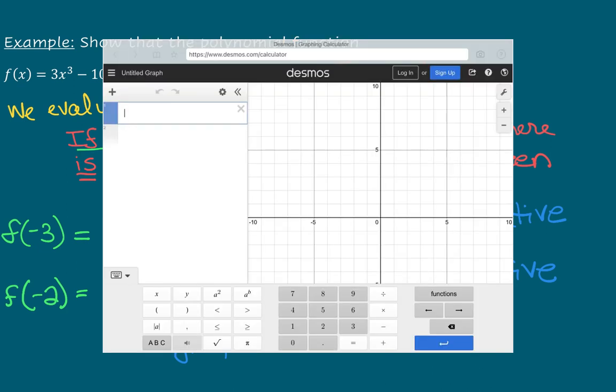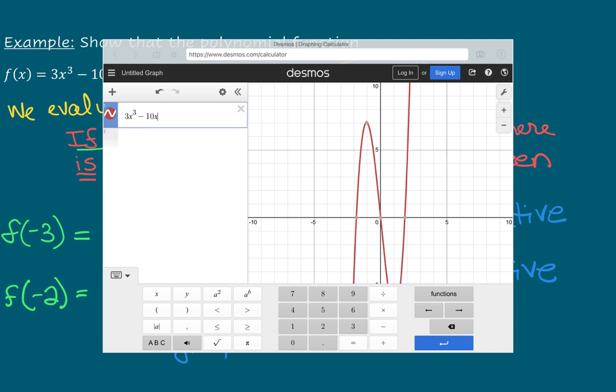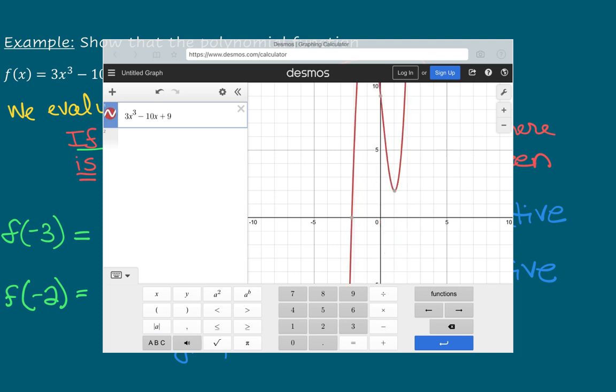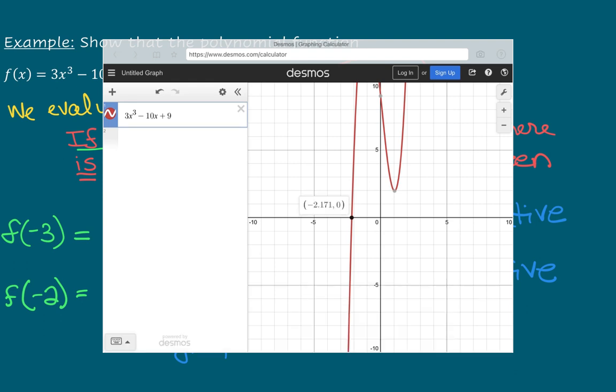So let's take a look at the graph of this function just to see what that looks like. 3x cubed minus 10x plus 9. So if we take a look, here is our root that's going through, and it is going through between negative 3 and negative 2.